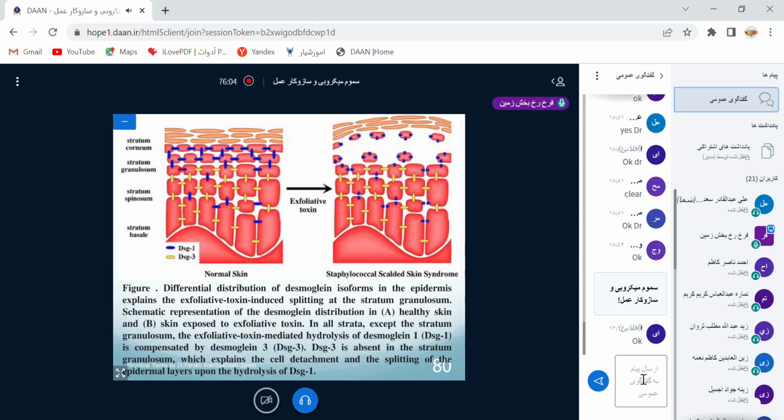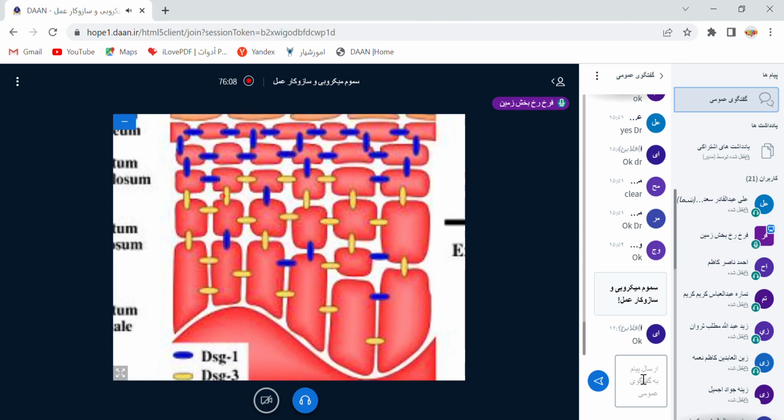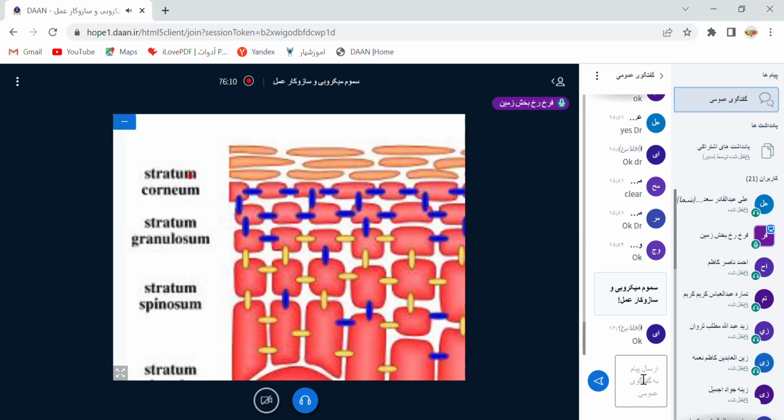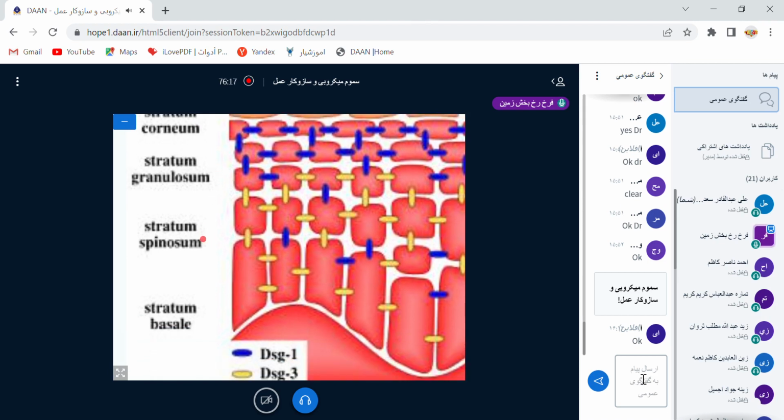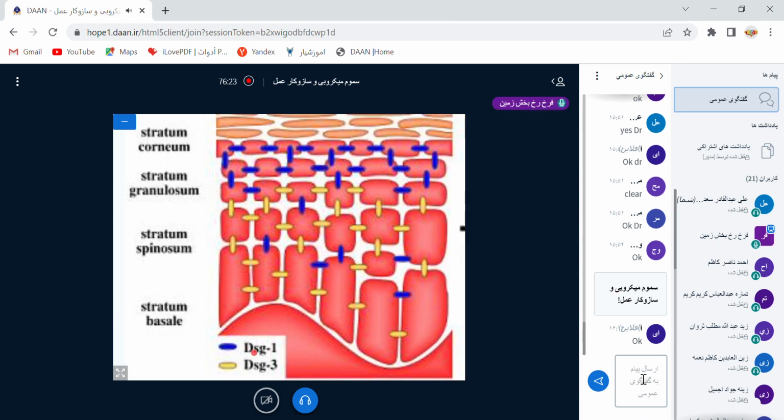Here again you can see another photo. The upper side of the skin is stratum corneum, stratum granulosum, stratum spinosum, stratum basale. Okay, and the most important thing for connection is DSG1. These blue ones are very important.